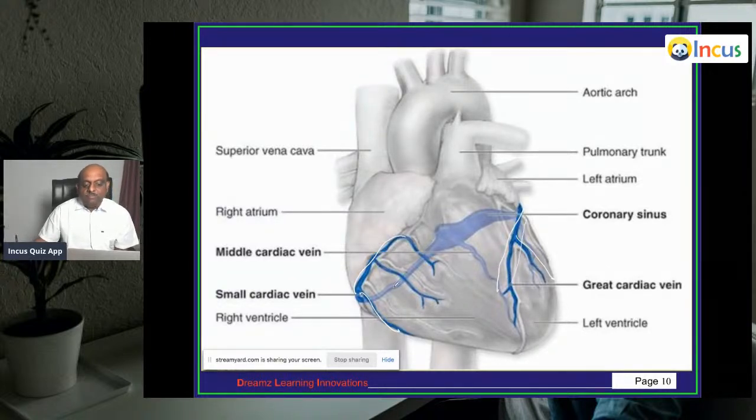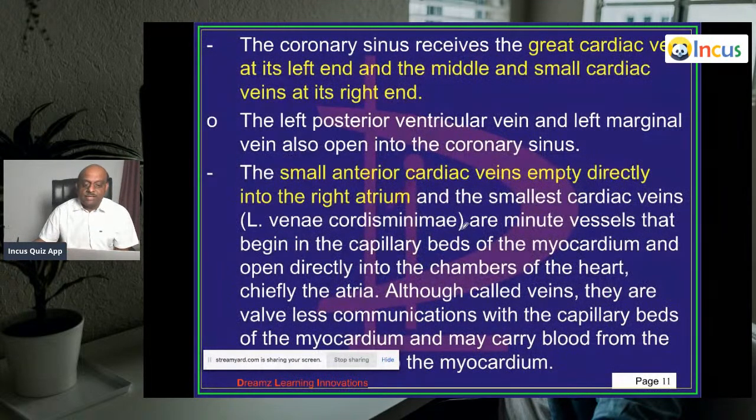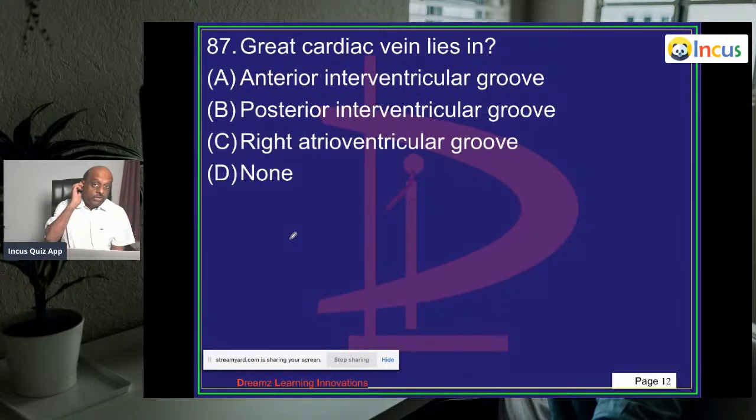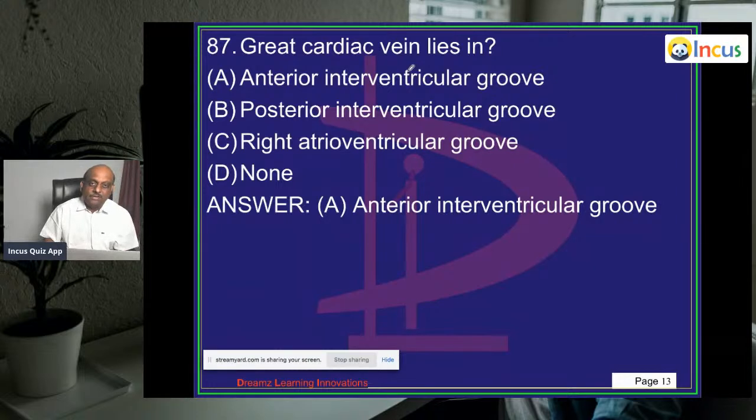So great cardiac vein, middle cardiac vein, small cardiac vein, everything drain into coronary sinus. But the anterior cardiac vein empties directly into the right atrium, is what you have to remember. So that is the favorite question every time asked by the examiner.